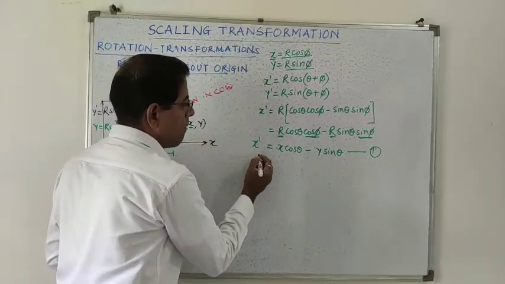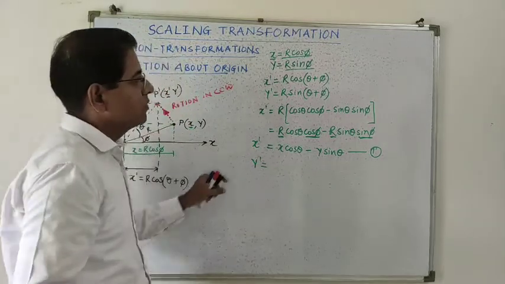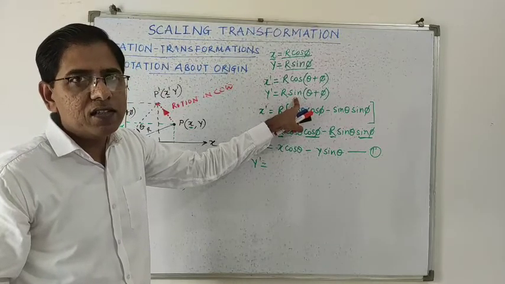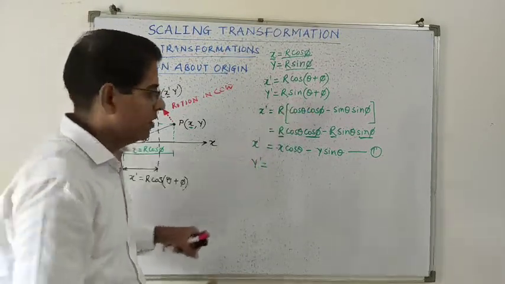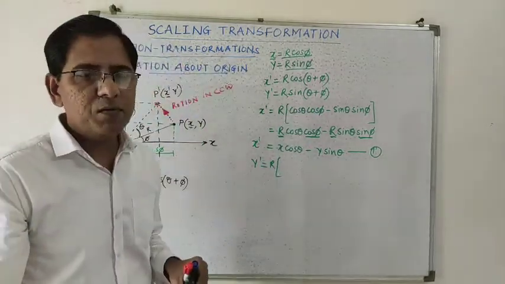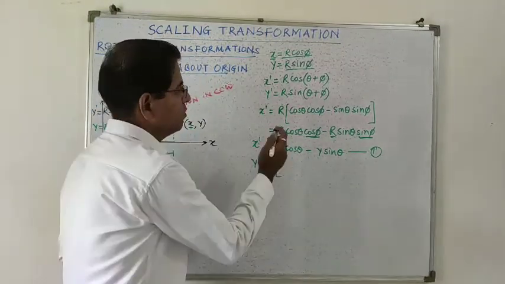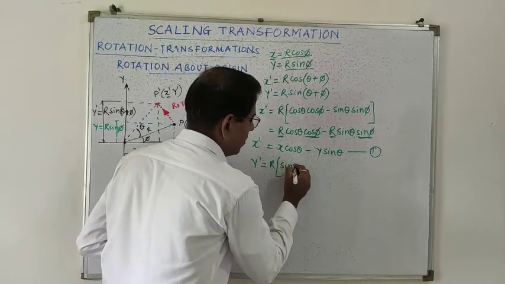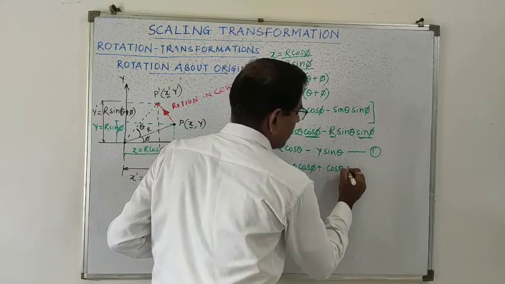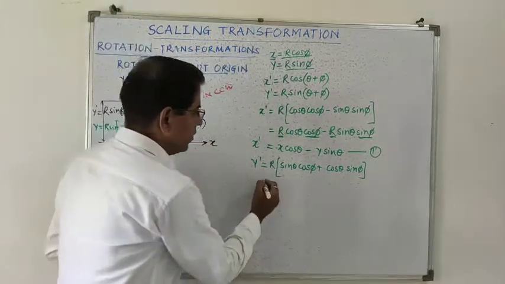Similarly, the second expression, y dash. This is a case of sin a plus b, so expand this sin theta plus phi. What is sin a plus b? It is sin a cos b plus cos a sin b. So this becomes sin theta cos phi plus cos theta sin phi. Open this bracket.